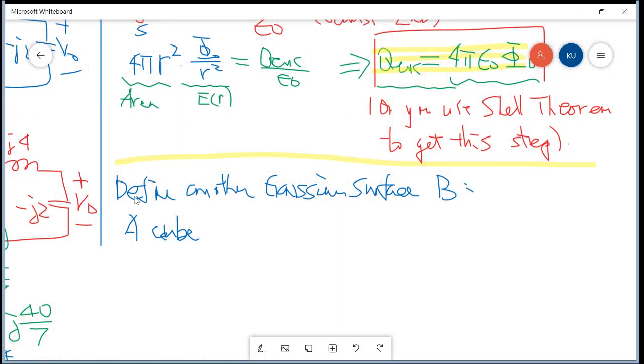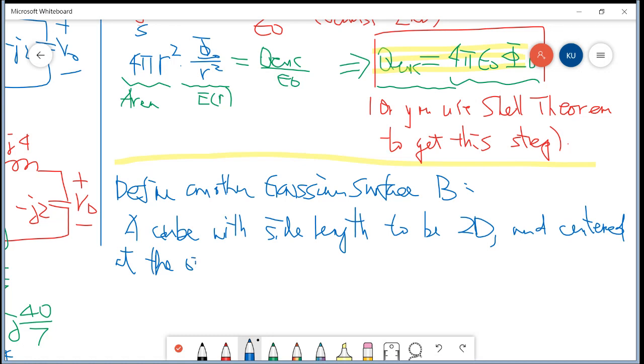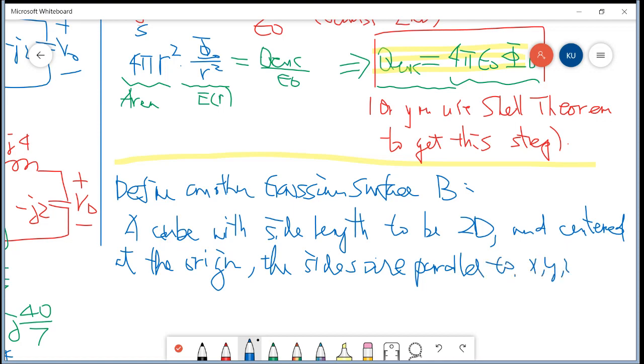It is a cube with side lengths 2d, centered at the origin, with sides parallel to the x, y, z axes.